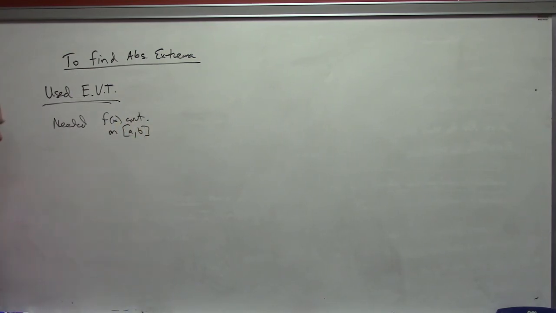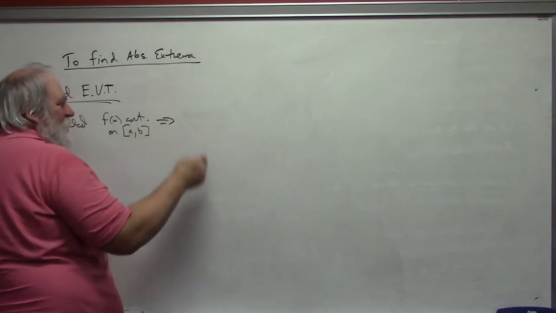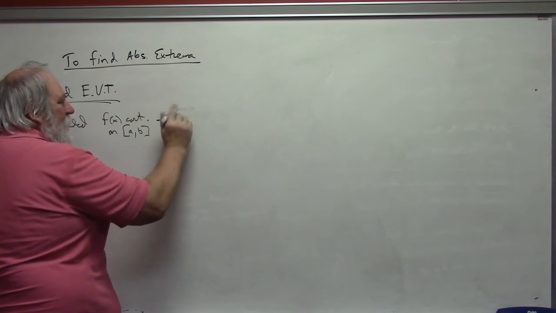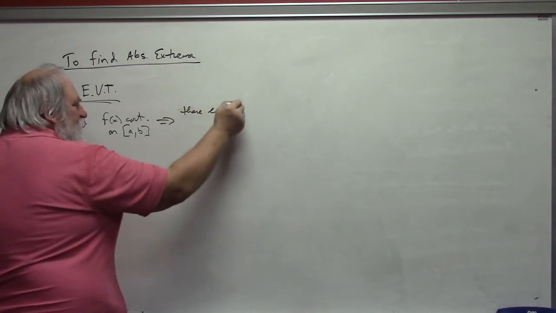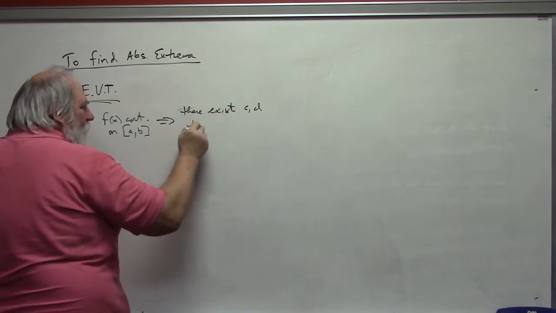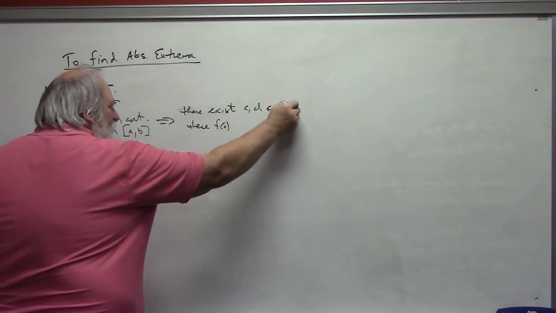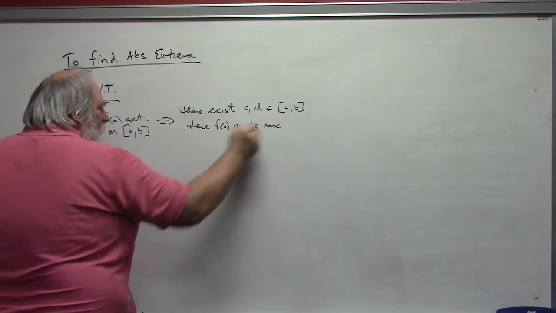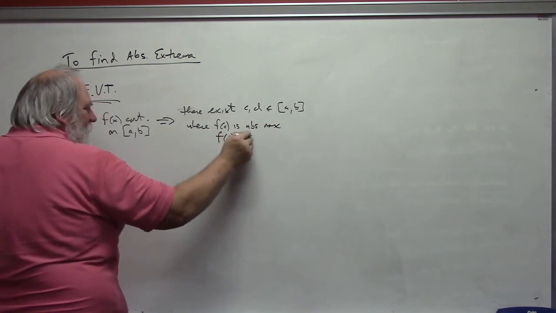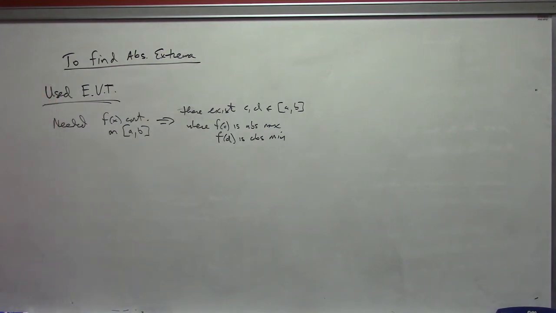With that, we knew that there exists an absolute max and absolute min. There exists some c and d in the closed interval [a, b], where f of c is the absolute max and f of d is the absolute min.